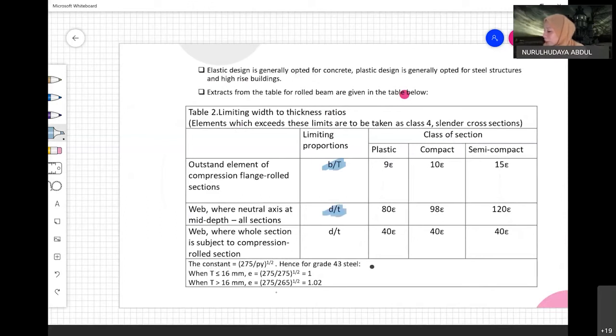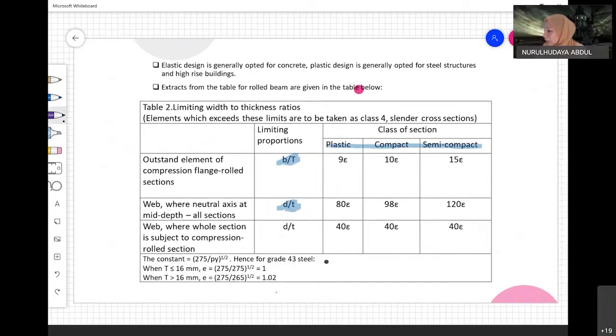You see plastic, compact and semi-compact. So we need to know whether it is plastic, compact, semi-compact or slender. At the far end there is slender. It does not give any ratios, but we can read what is written: whatever exceeds this limit, above semi-compact, is going to be slender.